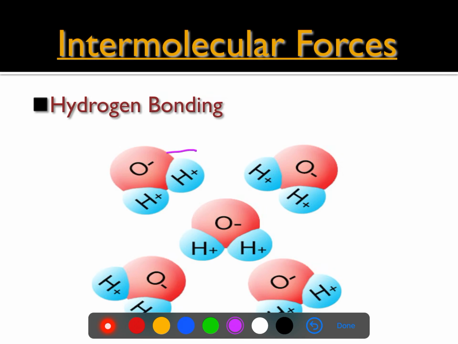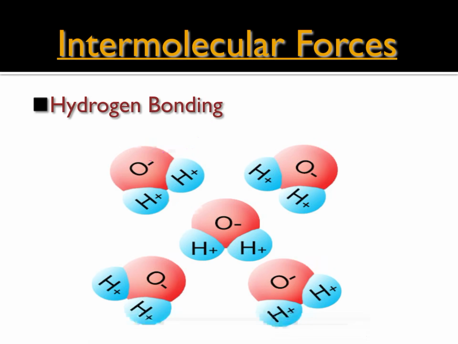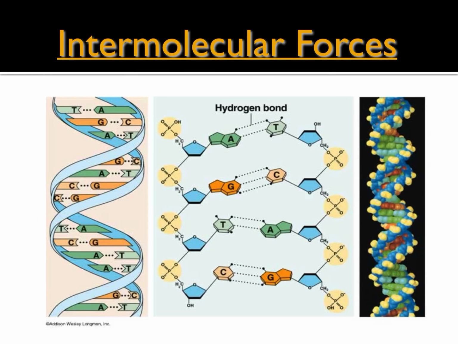This hydrogen-oxygen bond is so polar that we have almost a full positive where the hydrogens are and a full negative where the oxygens are, and it creates a very strong attraction between the positive hydrogens of the first molecule and the negative oxygen of the second molecule.